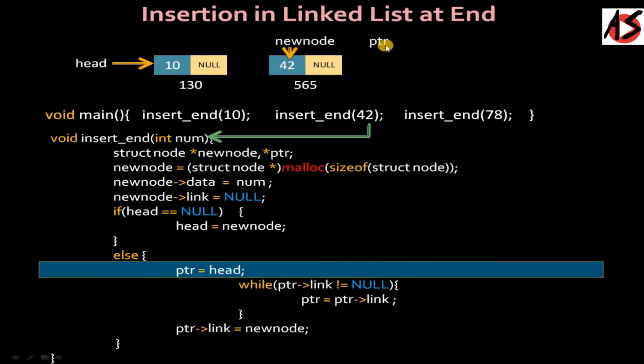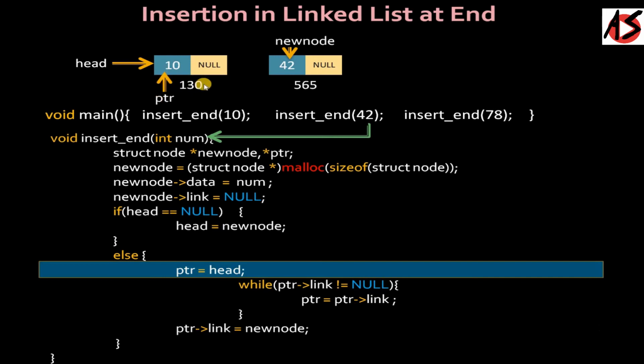From now on pointer is pointing to the node that is currently pointed to by head. So pointer is pointing to the first node, and both are now pointing to the node whose address is 130.